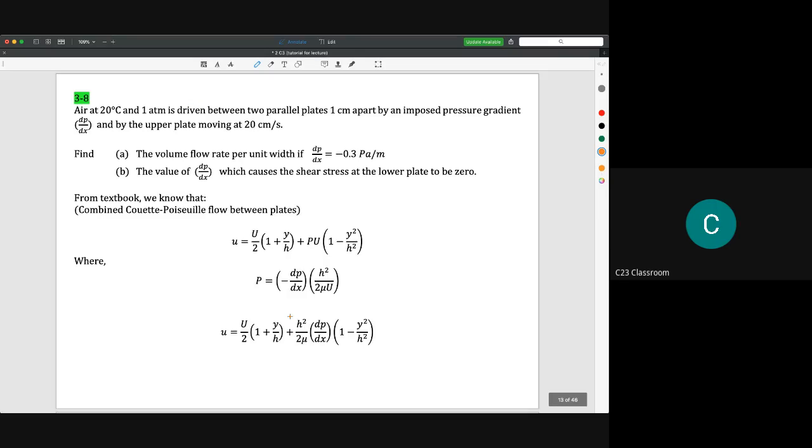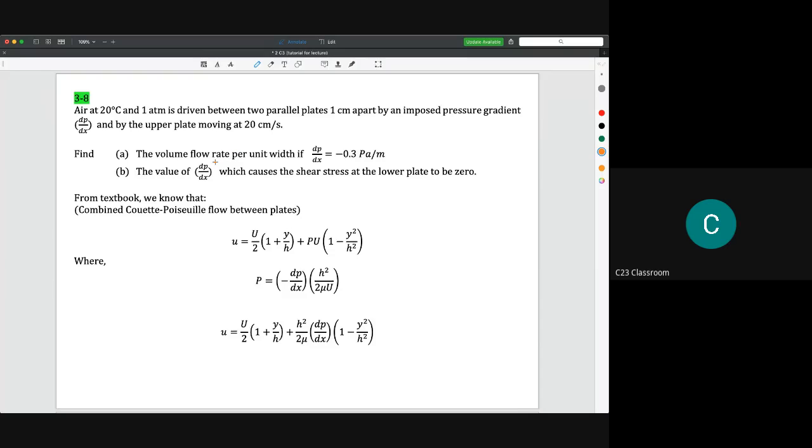Okay, so we go for this one. This is just straightforward. I think you could read part of this one, you could get this from the textbook actually. So for problem 3.8, let's say we have air at 20 degrees Celsius and 1 atm driven between two parallel plates 1 centimeter apart by an imposed pressure gradient dp/dx, and by the upper plate moving at 20 centimeters per second.